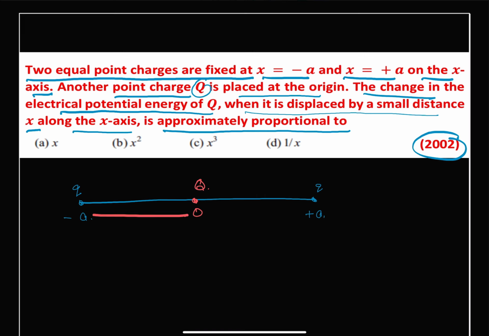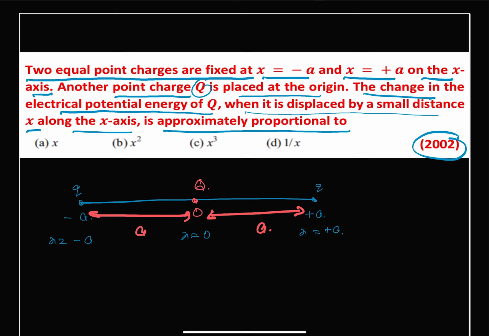So the distance will be A, and this distance will also be A. We can also write it here, x is equal to minus A, this will be x equal to 0, and here x will be equal to plus A.